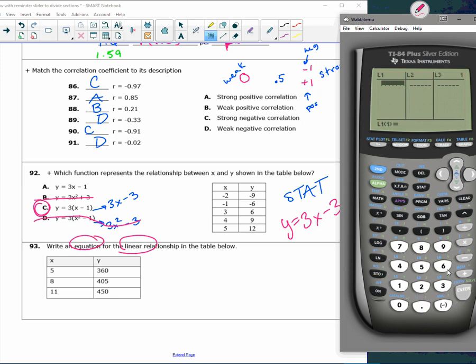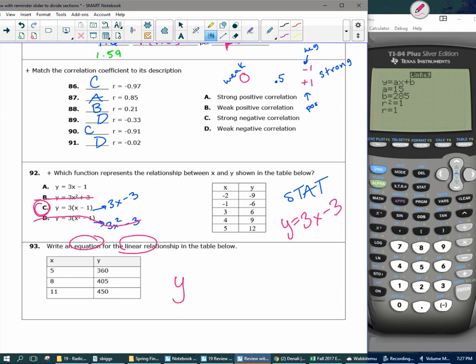And then I get 5, 8, 11, and then 360, 405, 450. All right, stat, calc, it already told me it was linear, so I'm clicking 4 all the way down. Perfect.